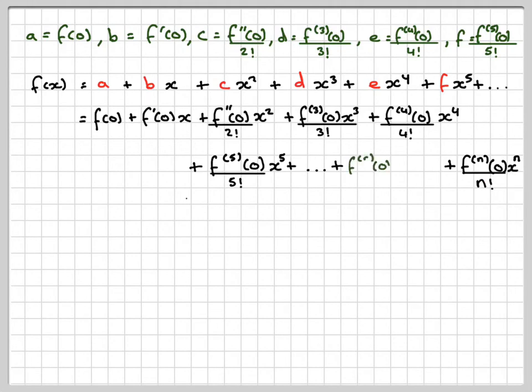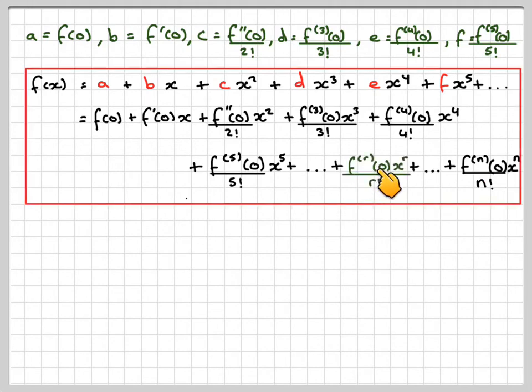And here we have the general term, the rth derivative at 0 times x to the r over r factorial. Okay, and this is known as Maclaurin's series.